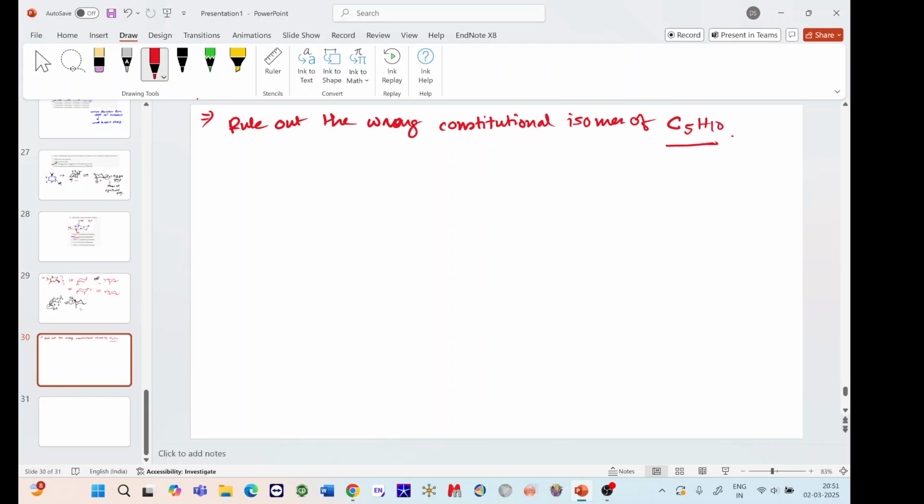Okay, so you have four options. So you have to rule out the wrong constitutional isomer. So three of them are correct, one is wrong. Can you check it?